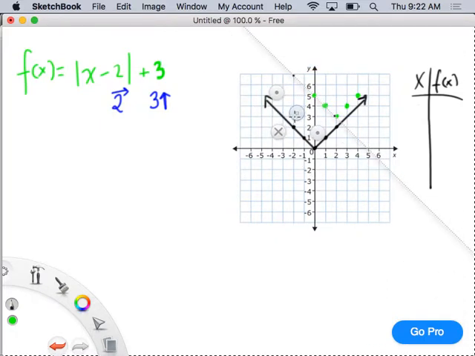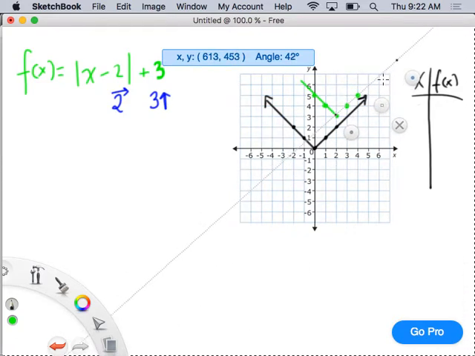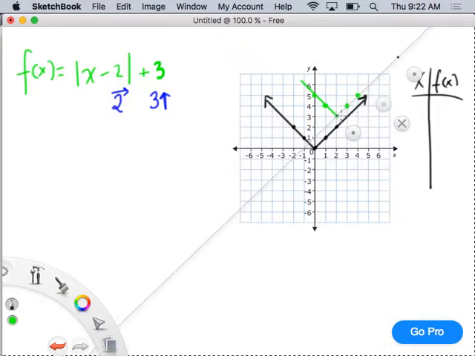Once I have that, I can go ahead and plot my graph.